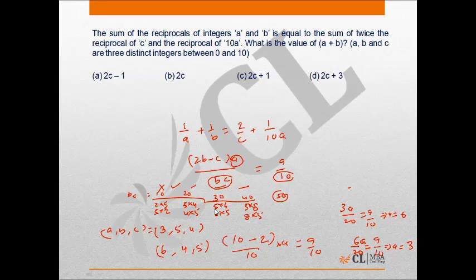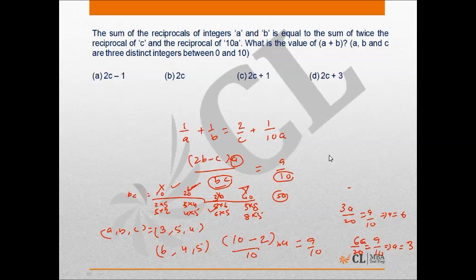On checking in the similar fashion for BC equals 30 and 40, we won't get an integral value of A. So these are not the possible values of BC. So BC can only be 20. In that case, we would get two ordered triplets of A, B, C.